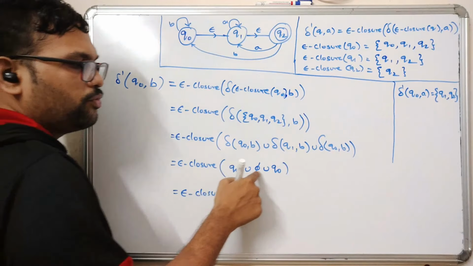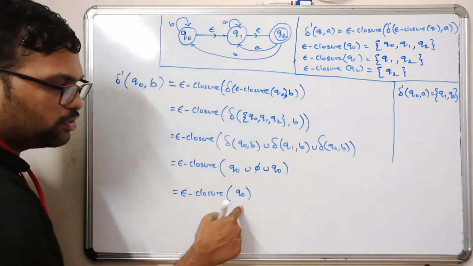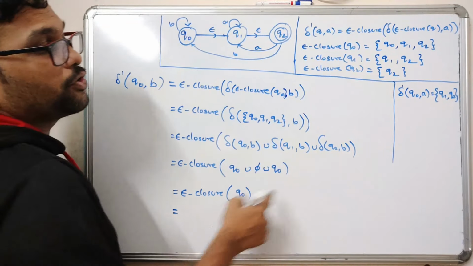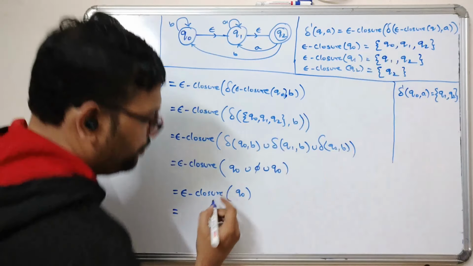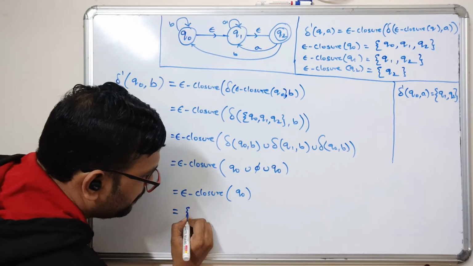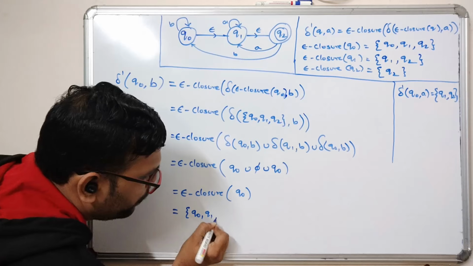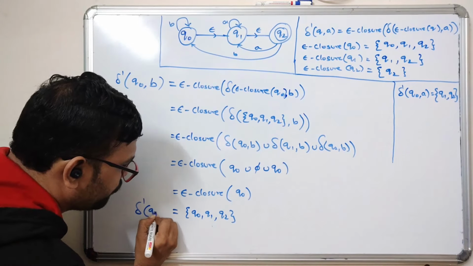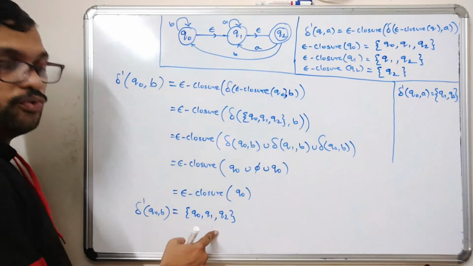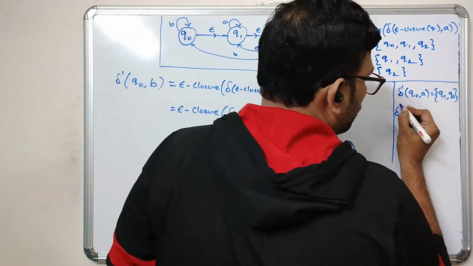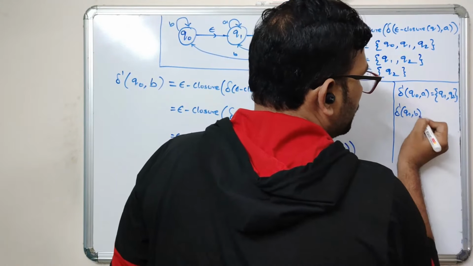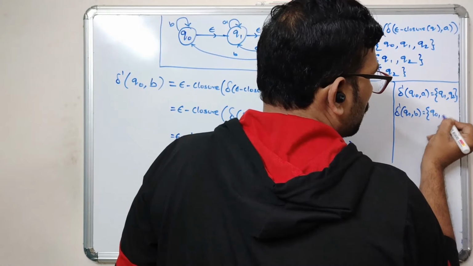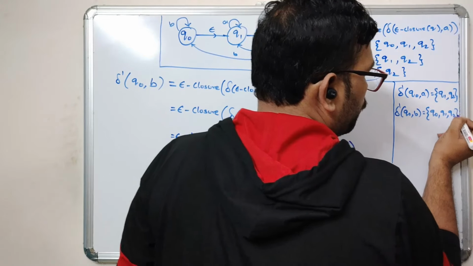So Q0 union phi union Q0 is epsilon closure of Q0, which is Q0, Q1, Q2. So the delta function of Q0 on B is Q0, Q1, Q2. Just note down here: delta function of Q0 on B is equal to Q0, Q1, Q2.